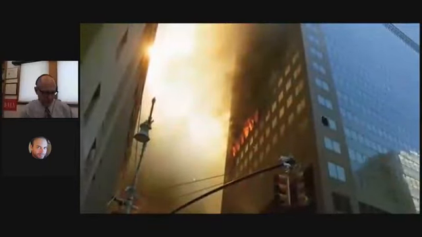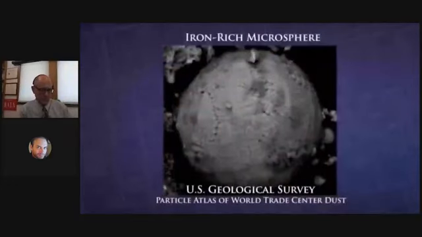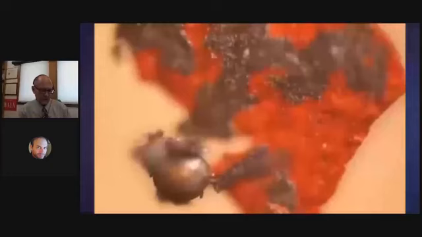In an office fire, you cannot generate enough heat to melt steel. There were these iron microspheres present in all of the dust samples. They needed to have been formed in extremely high temperatures. All the characteristics of the microspheres, along with what I see in the attack of the beams that were actually found, tell me that thermite was involved.